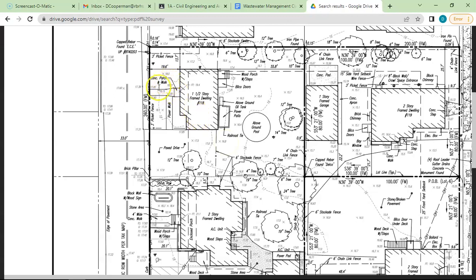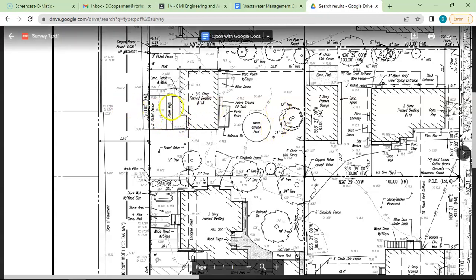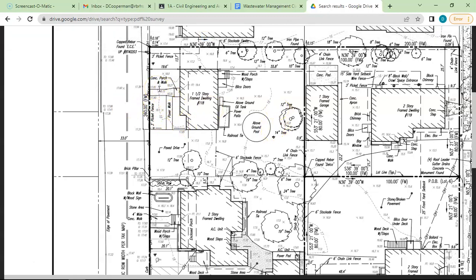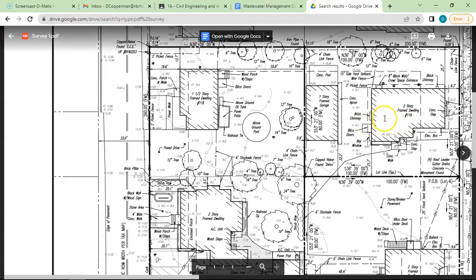We have another contour right here, 18, then 16. Generally, we can see that the slope is moving in this direction: 18, 17, 16, here's 15 over here. The whole property's drainage is moving in that direction.